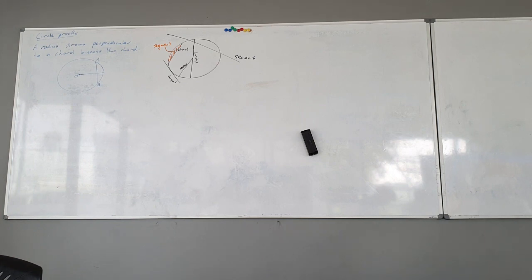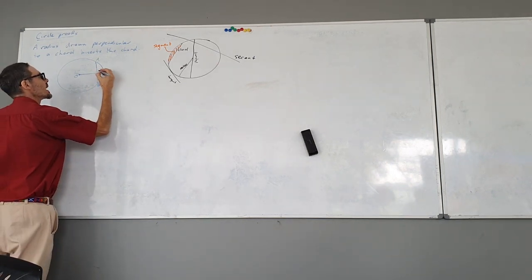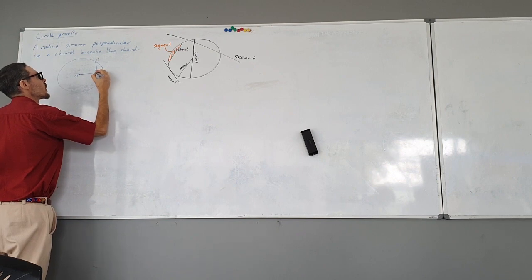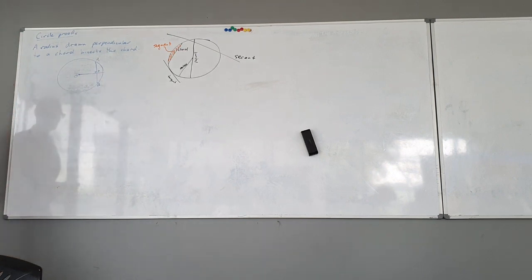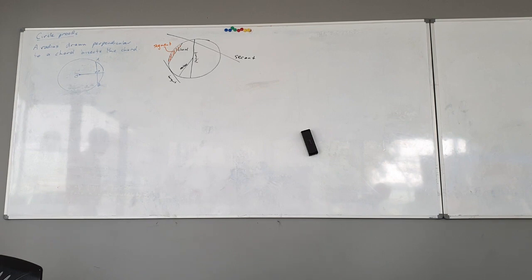A, B, we'll call this point P, where we have a perpendicular intersection. Okay.